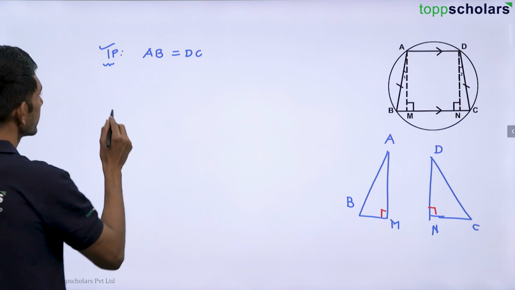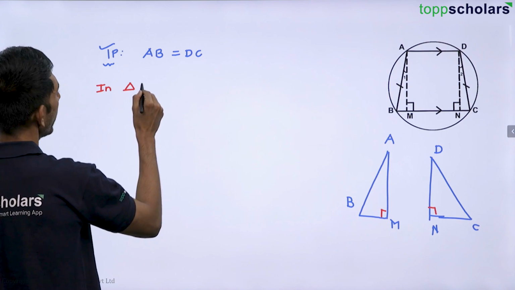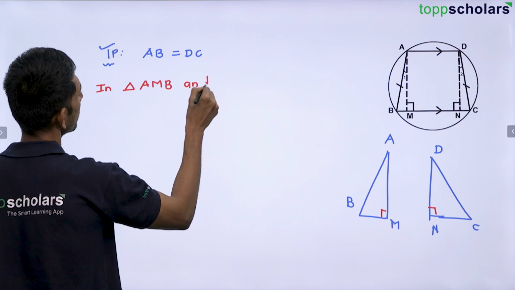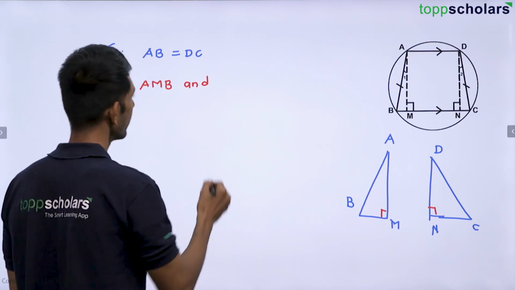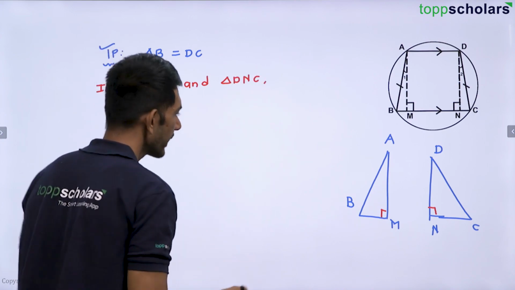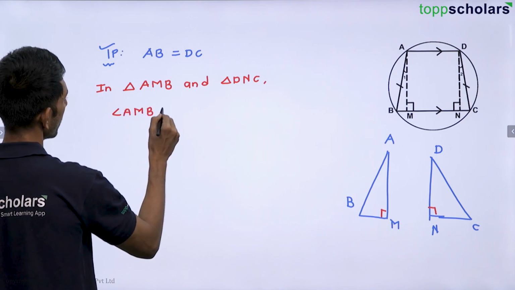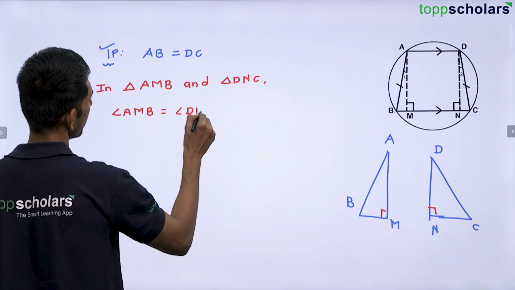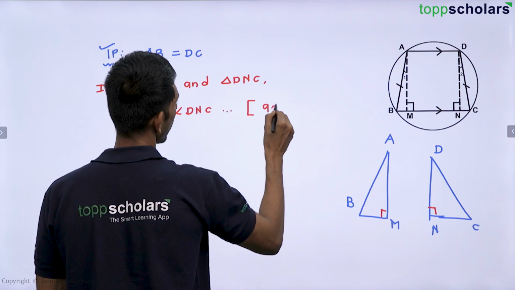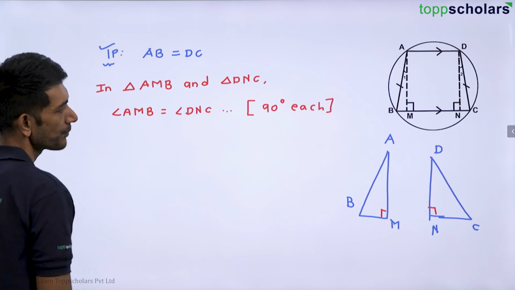So can I say, firstly, in triangle AMB and the other triangle DNC, can I say angle AMB is equal to angle DNC, because both of them are 90 degree each, correct?